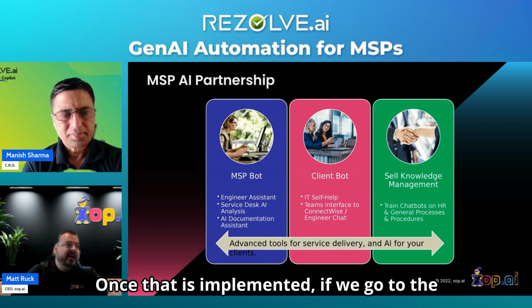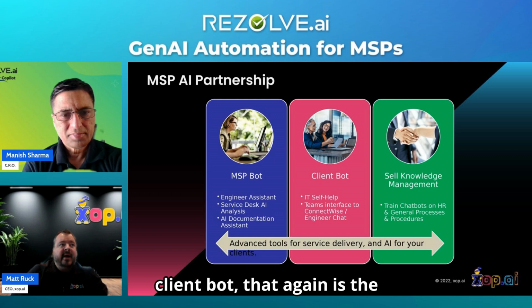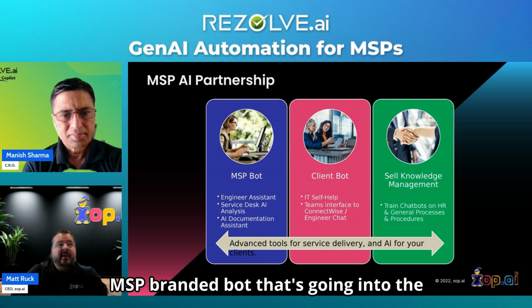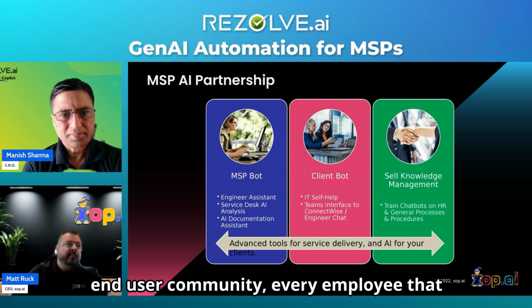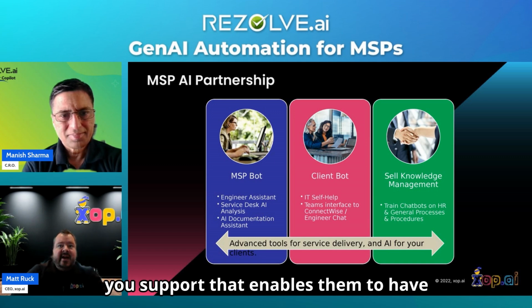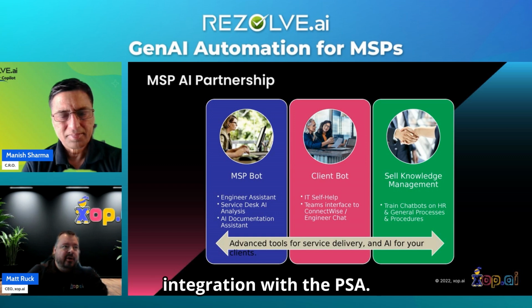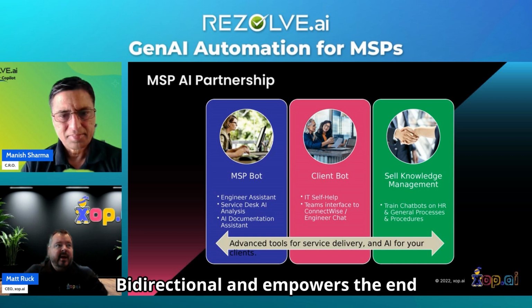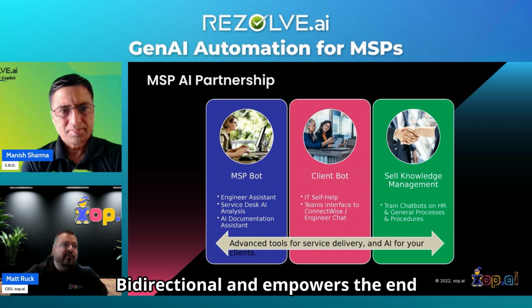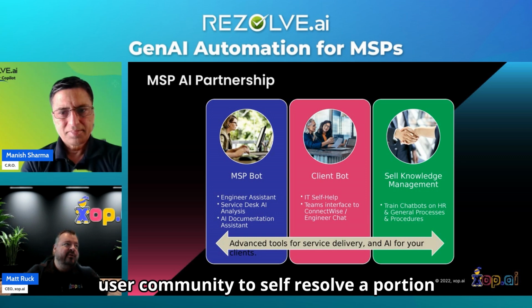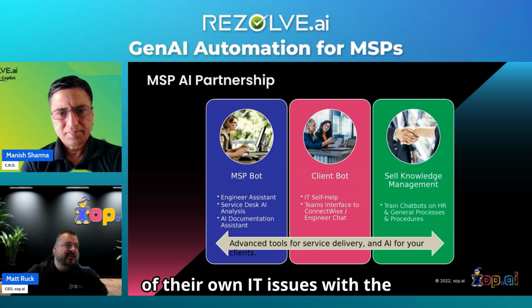Once that is implemented, we go to the client bot, which is the MSP branded bot that's going into the end user community, every employee that you support. That enables them to have that Microsoft Teams interface, full integration with the PSA, bidirectional, and empowers the end user community to self-resolve a portion of their own IT issues.